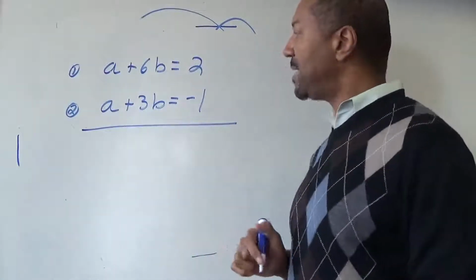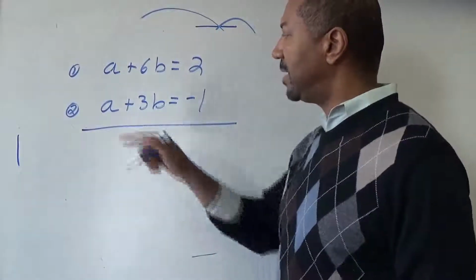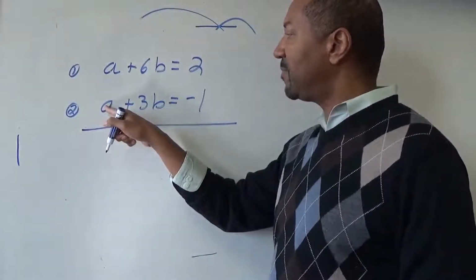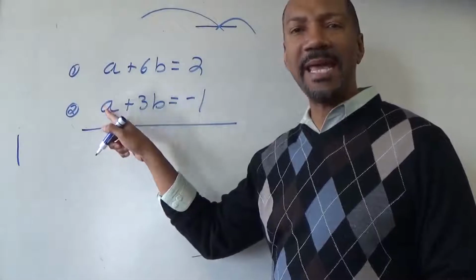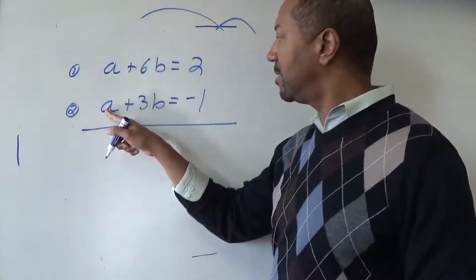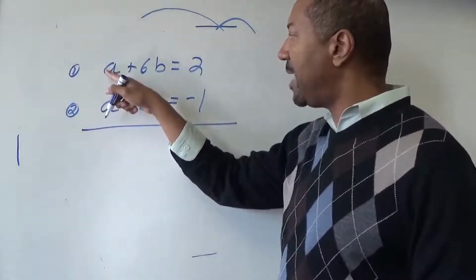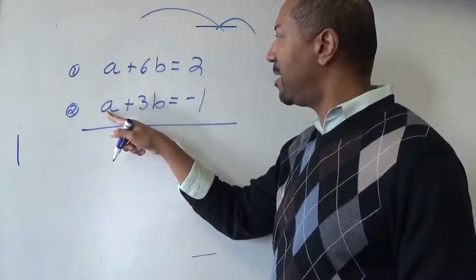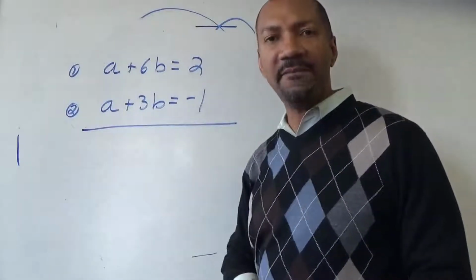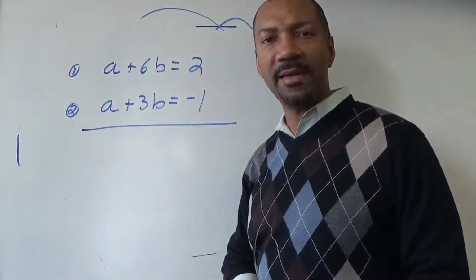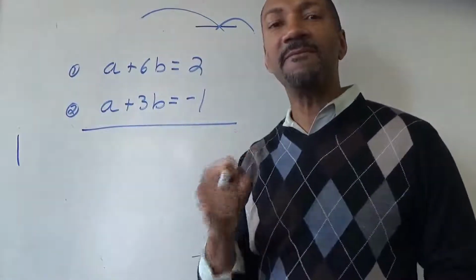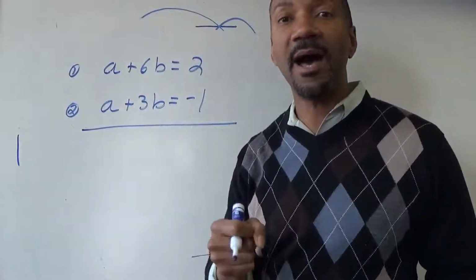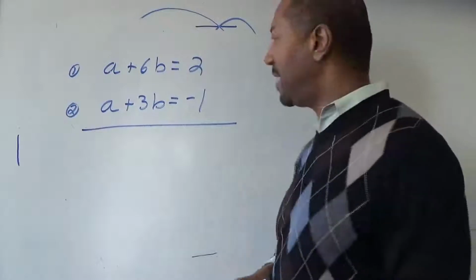Now, using your imagination, can you imagine if instead of A, if this were a negative A, can you see how 1A plus a negative A would cause the A variable to drop out? Absolutely. So let's force it to become negative a.